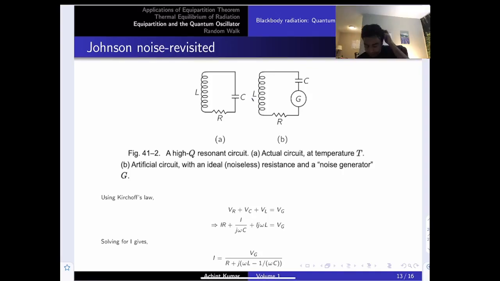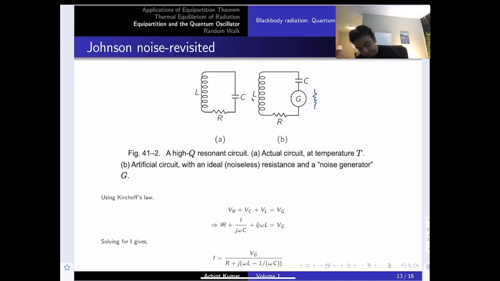a noise generator, which we imagine to be just a resistor, which we imagine to be an antenna, which can be modeled as a resistor. So this is like an antenna.